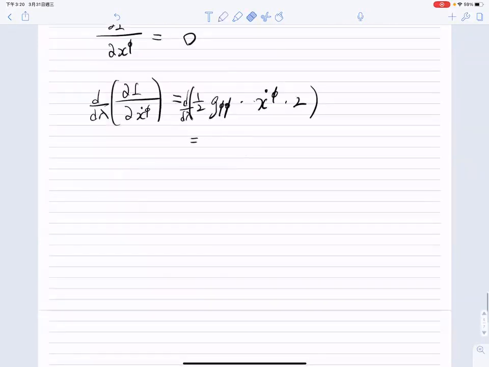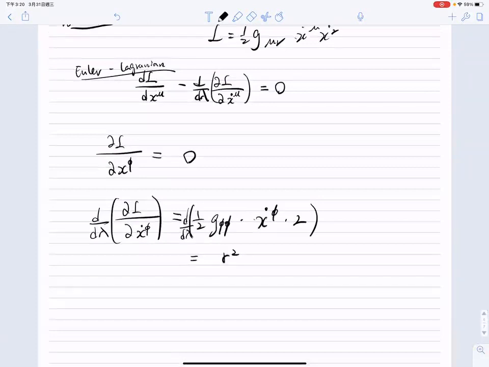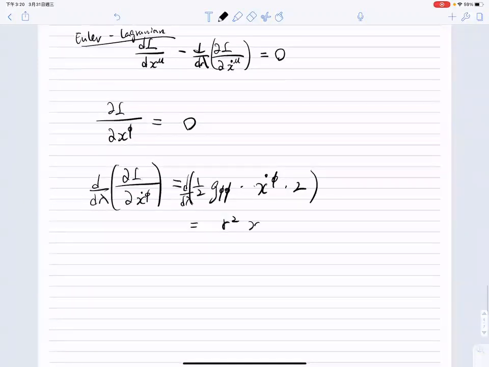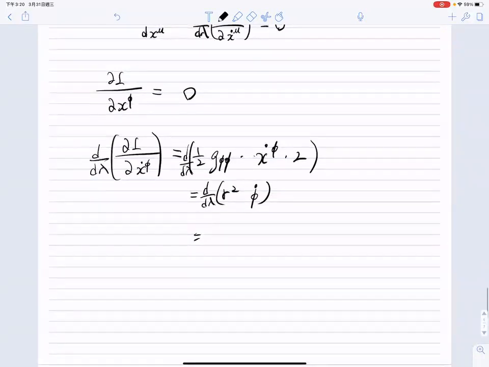It will be r squared. Okay. It will be r squared and phi dot, right? Derivative with respect to lambda.